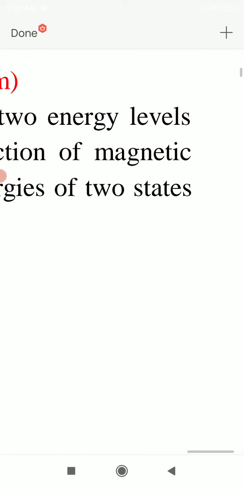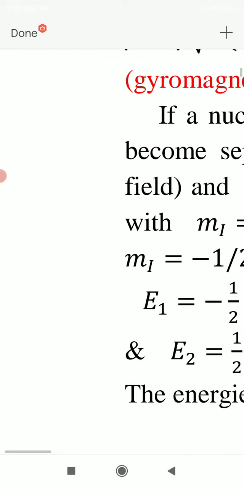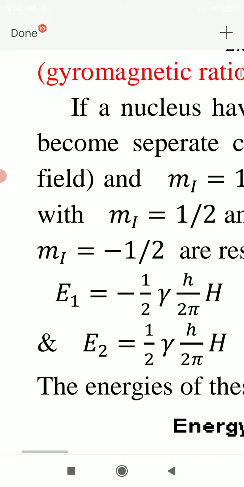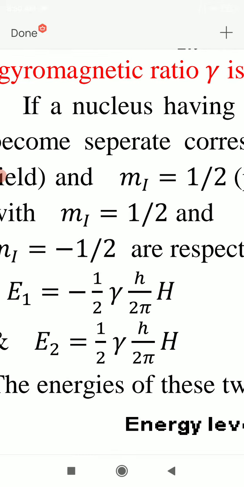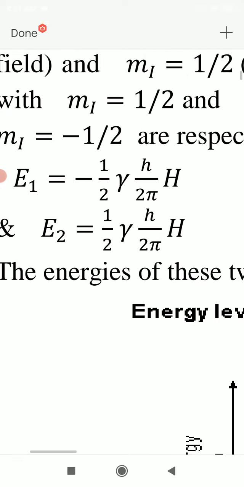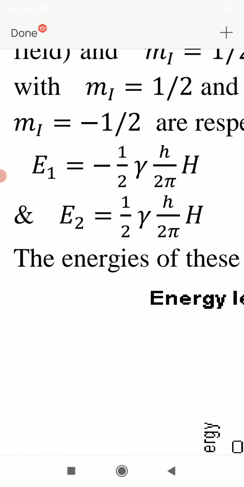The energies of two states with Mi equal to half and Mi equal to minus half are given by this formula, E1 and E2.